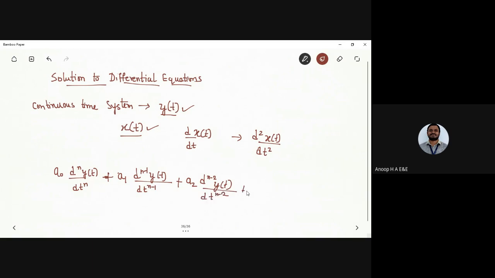Like that I'll be having many such terms, and that would be equal to x of t. So I may have any such equation of this form. This is the differential equation form that is there.